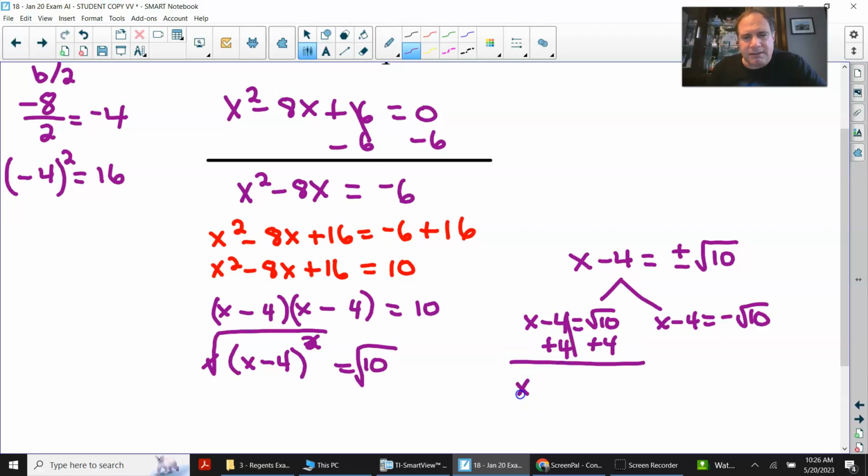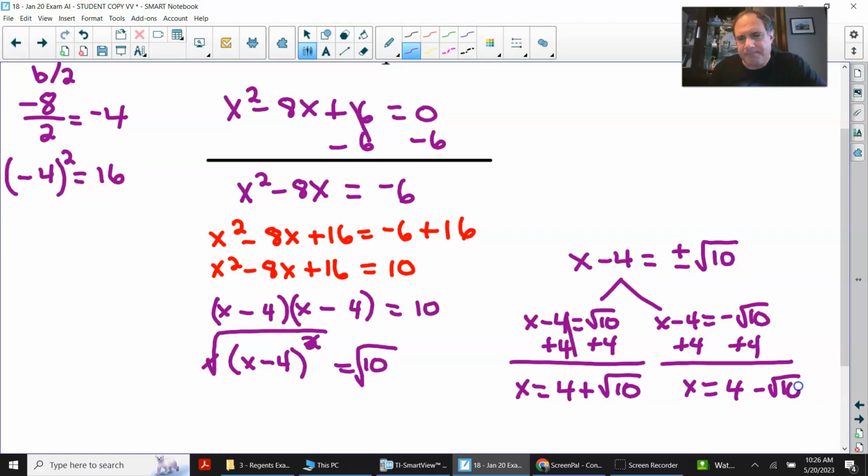This is x equals 4 plus square root of 10. And then this is x equals 4 minus square root of 10. And those are your two roots.